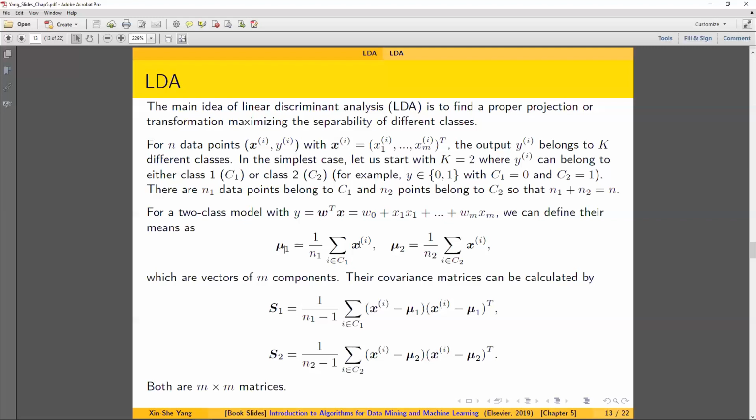Once we have those two elements, mu1 and S1, and mu2 and S2, we get a sense of the cluster summary, right? Where is the centroid or the mean, and what is the variance of the data points? Let me actually use some example here.